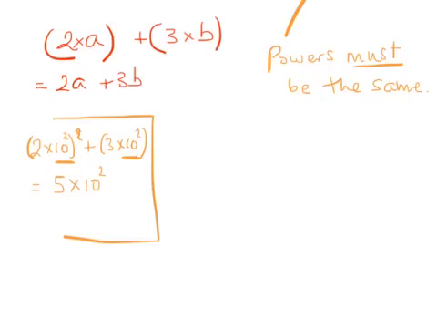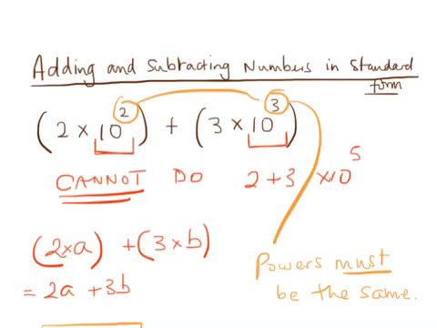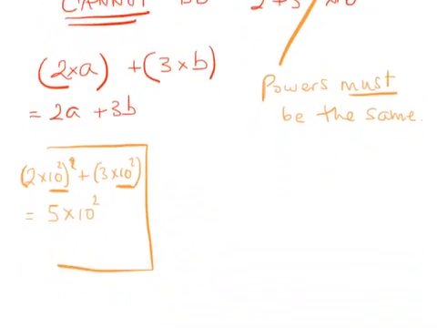So let's go back to our initial problem here and think to ourselves, how can we make the powers the same? So I'm going to rewrite the question out, 2 times 10 to the 2 plus 3 times 10 to the 3, and see if we can convert the powers to be the same.